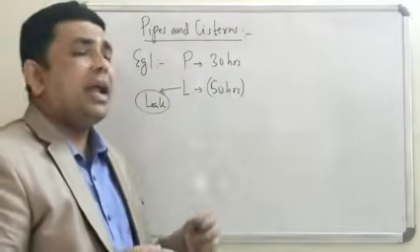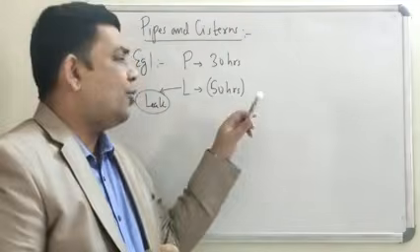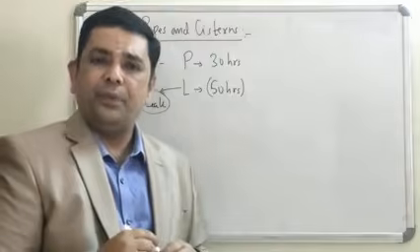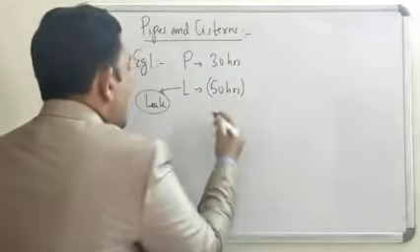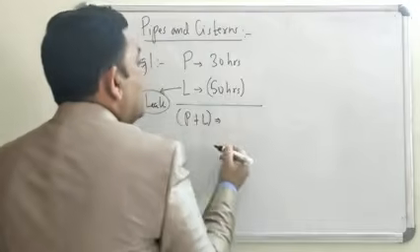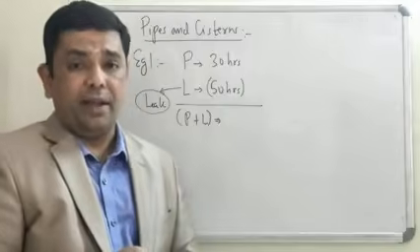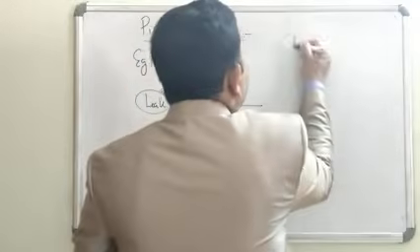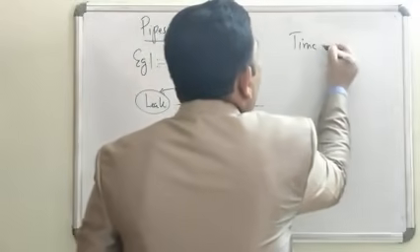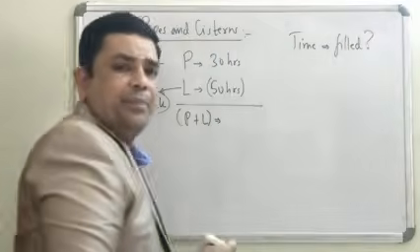A pipe can fill a tank alone in 30 hours, whereas a leak can empty the tank alone in 50 hours. Okay, so what is the question? If both the pipe and the leak are opened, in how much time is the tank going to get filled? What is the time taken for the tank to get filled?